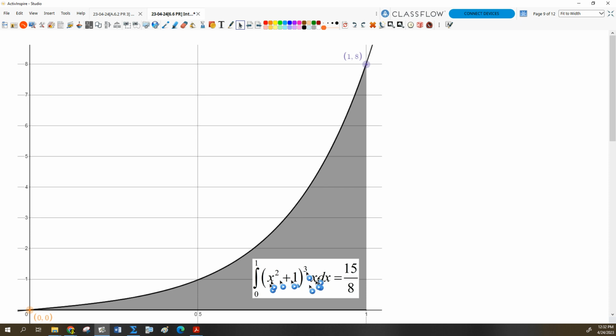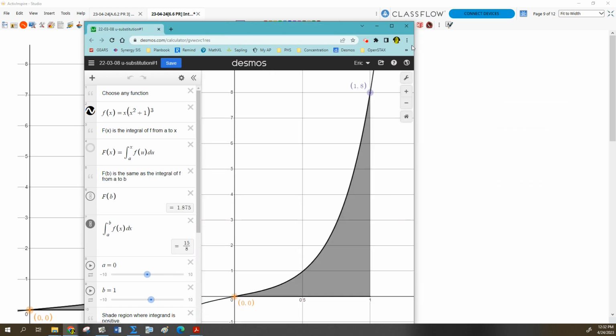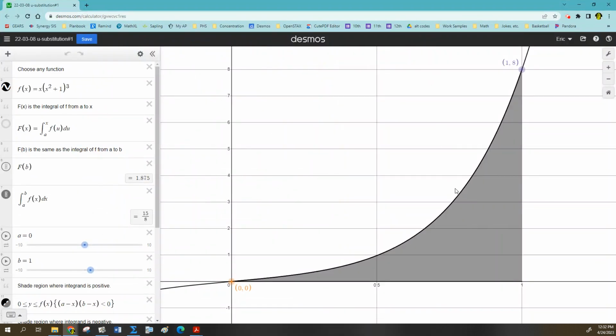So there's my integrand, x squared plus 1 quantity cubed times x. We're going to add up the area from 0 to 1. Okay, so there it is. There's my function, and the area is 15/8. Okay, everybody see that?